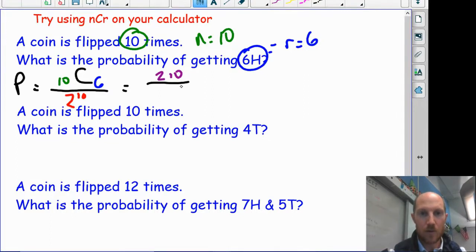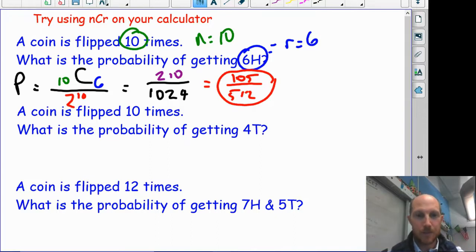Okay, so there's our probability. That I can see will reduce. Both of those numbers are even. So if I divide them both by 2, I'm going to get 105 over 512.